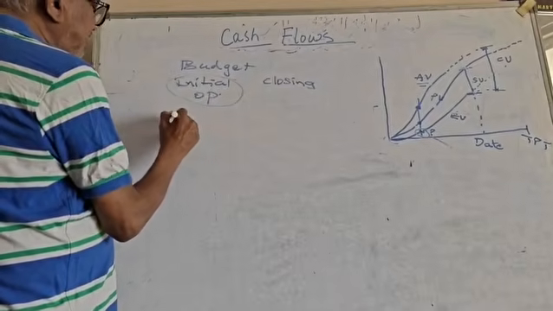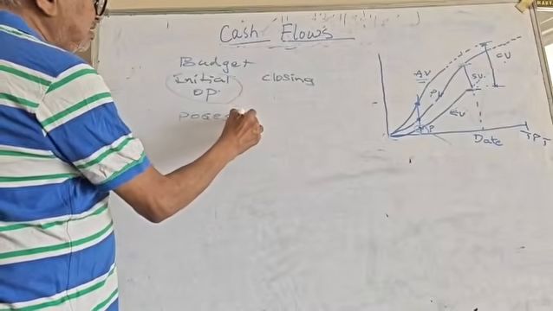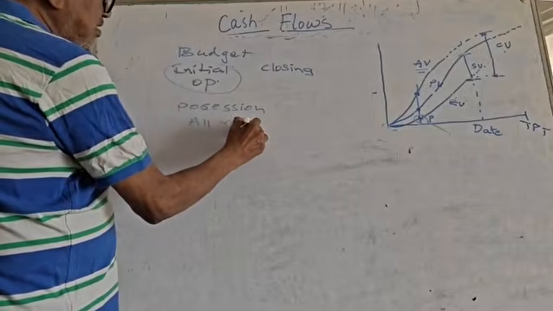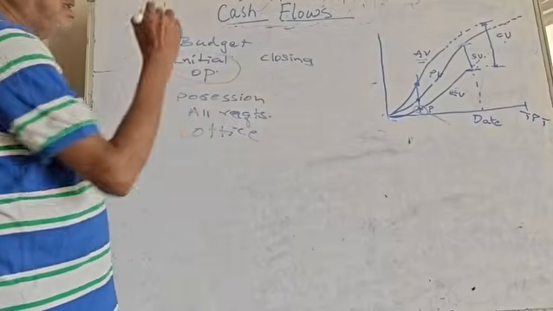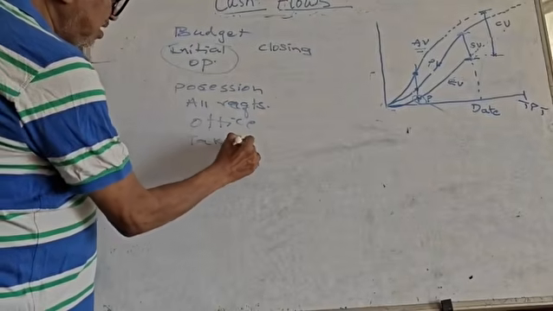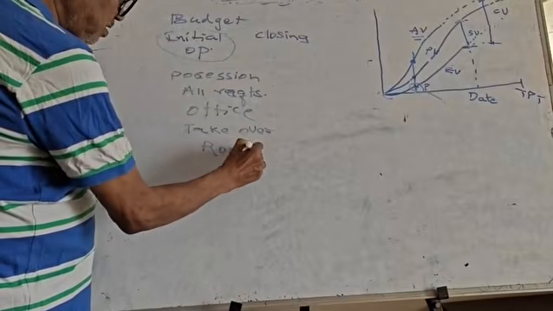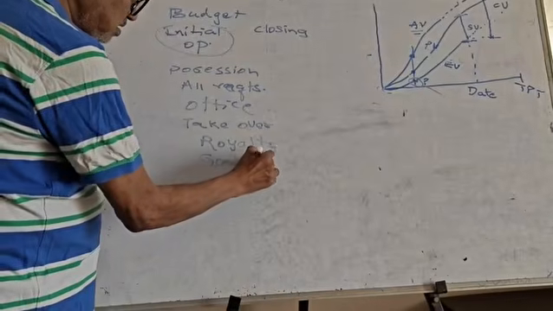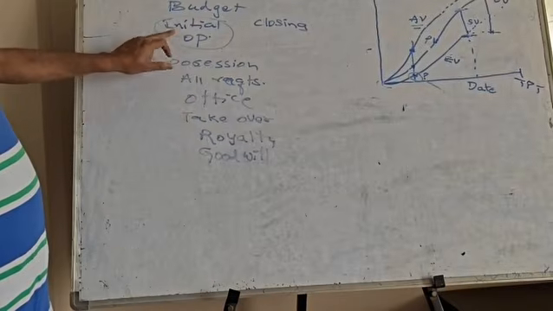Under this, we call it maybe for possession, or maybe all requirements, office works, all these things will work under it, and takeover, I mean land takeover, royalty, goodwill, all this will work out to be under the initial cash flow.